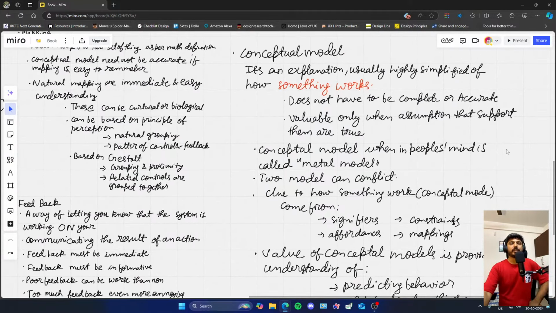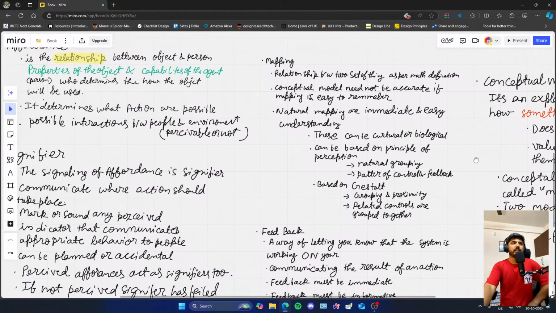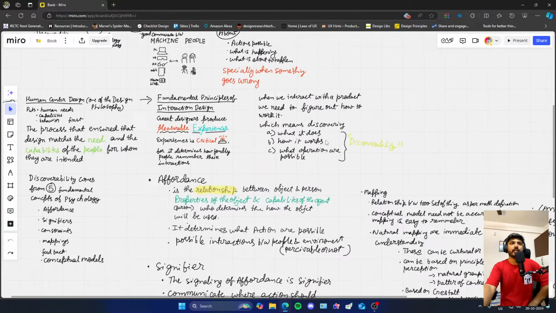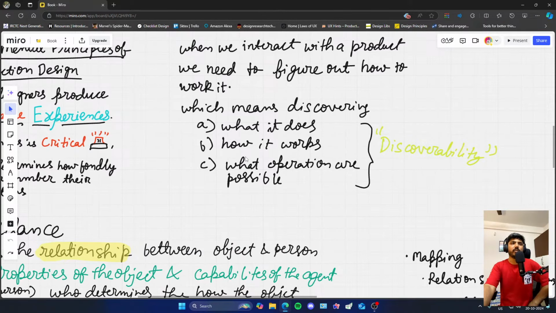The next concept is the conceptual model itself. Conceptual model is a very complex topic, and in further coming chapters he's going to talk a lot about this. But in the first chapter, it is highlighted that it is an explanation, usually the simplest form of the explanation of how something works. It's basically that, and we had discussed it somewhere here: what it does, how it works, what operations are possible.